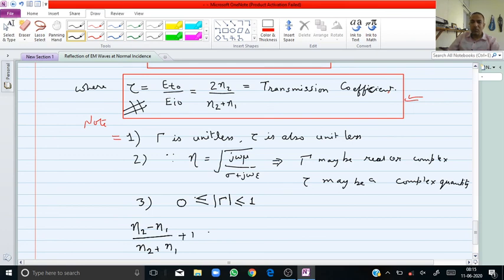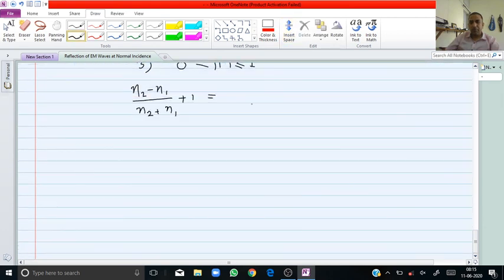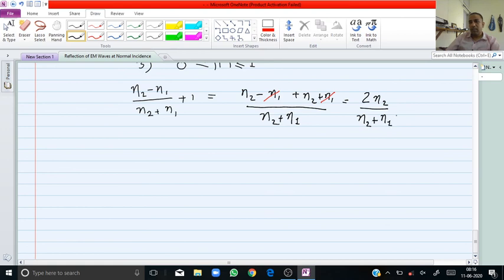Okay. Now if we add one to this quantity, what will we get? Look at, that is eta 2 minus eta 1 plus eta 2 plus eta 1 divided by eta 2 plus eta 1, and these two get cancelled, so we will get 2 eta 2 divided by eta 2 plus eta 1, and this is nothing but tau.